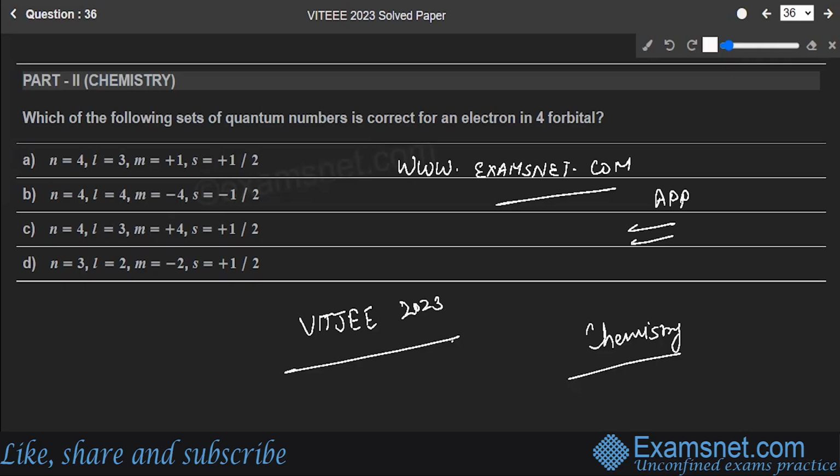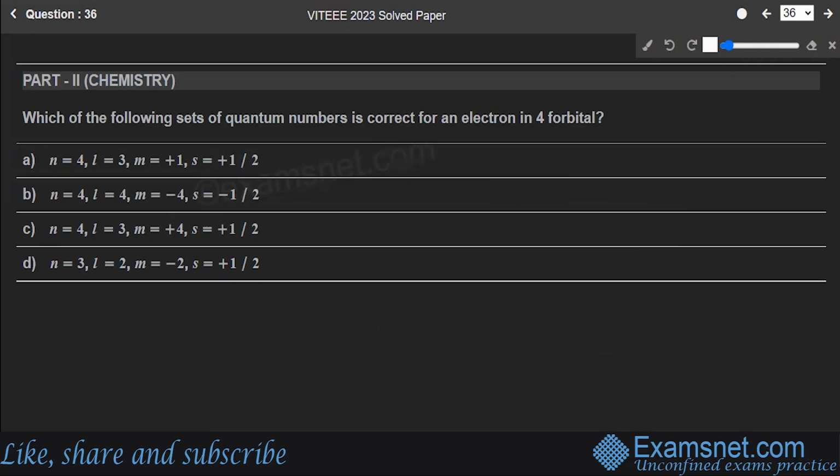Here we go. First question says, which of the following sets of quantum numbers is correct for the electron in the fourth orbital? See, the possible quantum numbers for the 4f electron. This is 4f orbital.